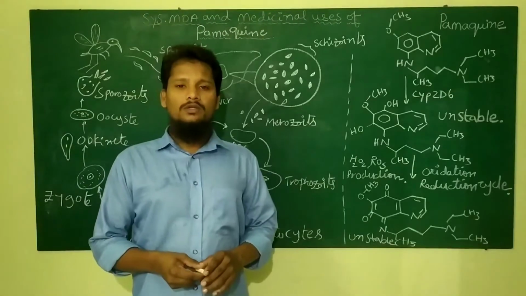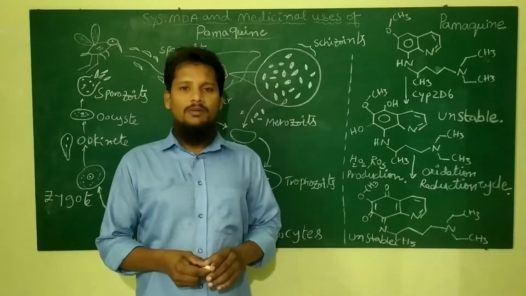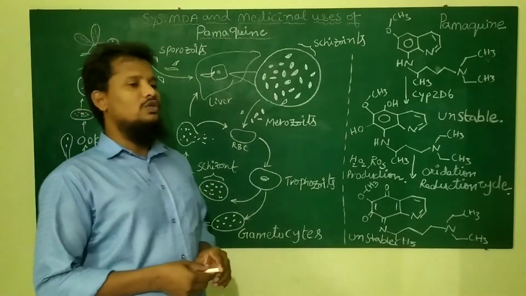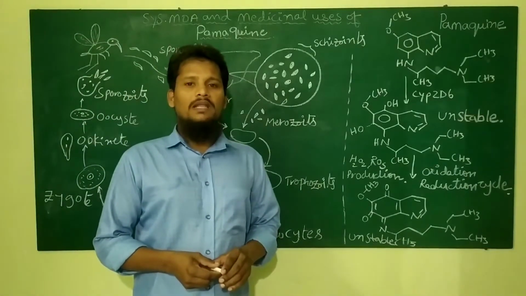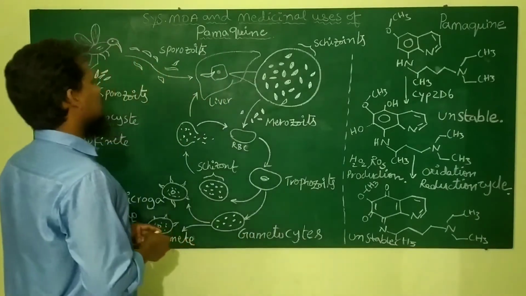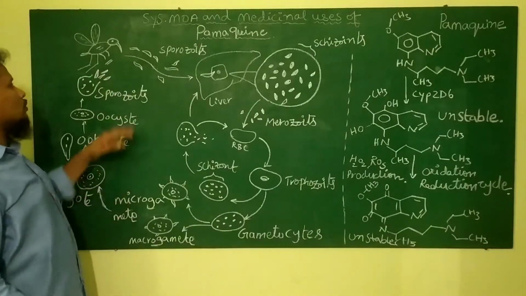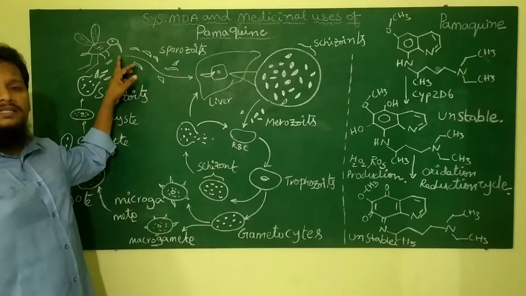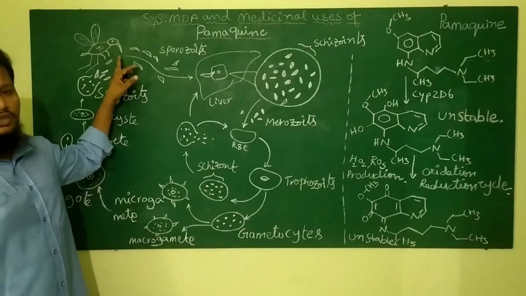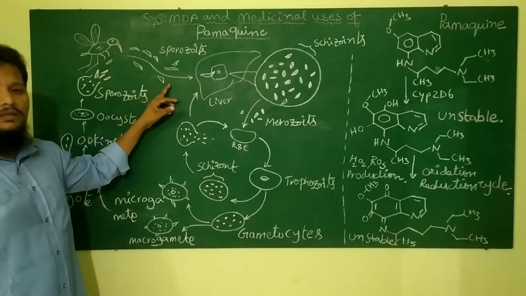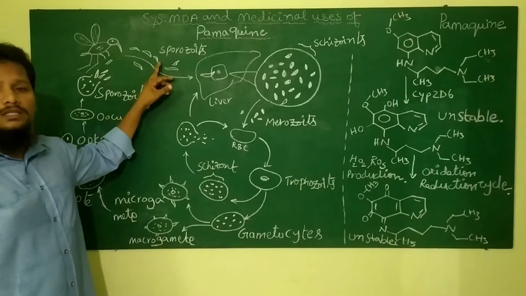So when coming to the mechanism of action of pamaquine, first we should know about the malarial cycle. In that, the parasite infected female mosquito, when it bites a human, releases the sporozoites.